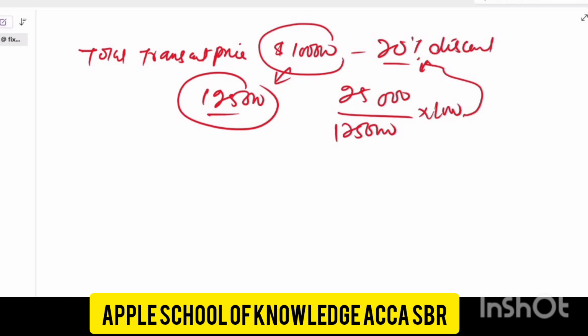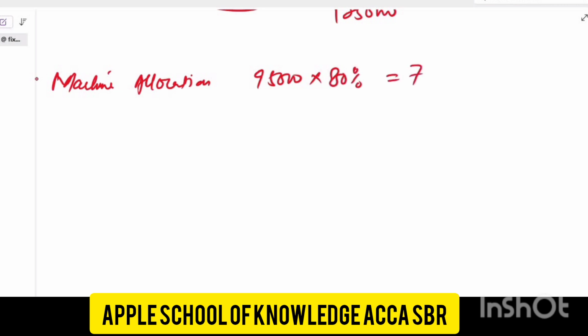Clear? So when you are allocating the transaction price of $100,000 based on the proportion of the stand-alone selling prices, then it's very simple. The machine allocation will be 95,000 multiplied by 80%, then you will have 76,000.